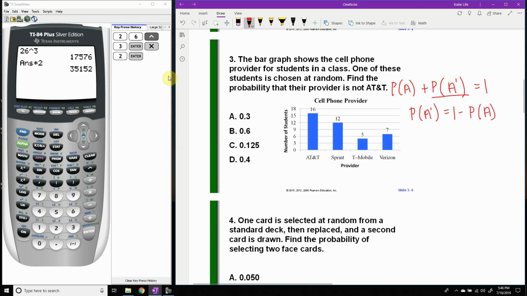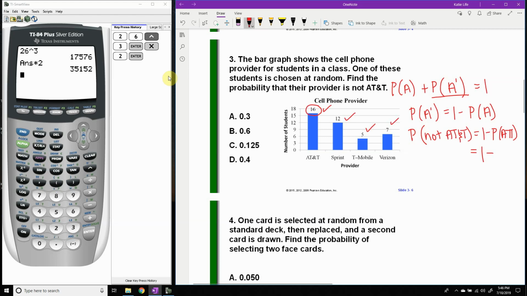So in my example here, the probability that some student does not have AT&T is going to be 1 minus the probability that they do have AT&T. The probability that they have AT&T is 16 out of a total of what looks like 40, right? 5 and 7 is 12, plus 12 is 24, plus 16 is 40.